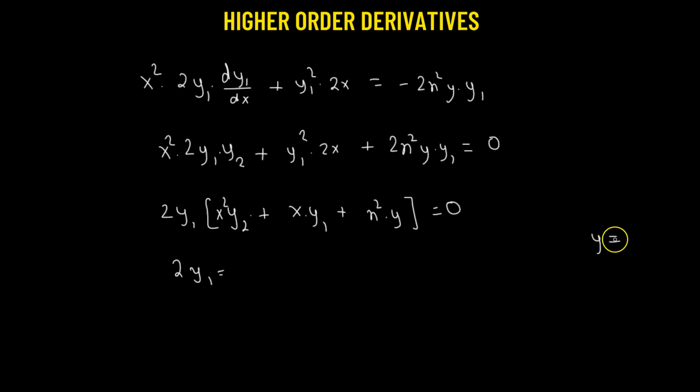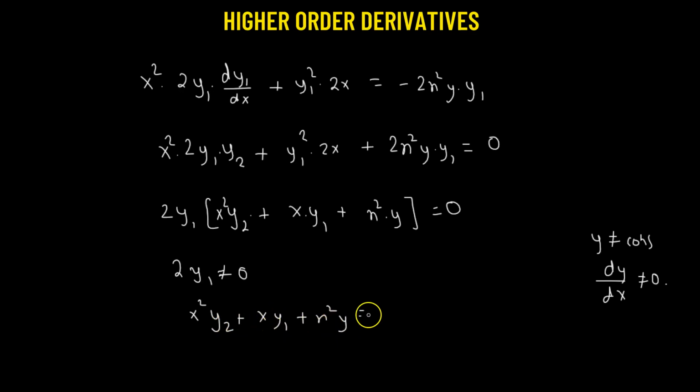I mean y is not a constant, so that means dy over dx is not equal to 0. So this simply implies that we have x squared y2 plus x times y1 plus n squared y equals 0.